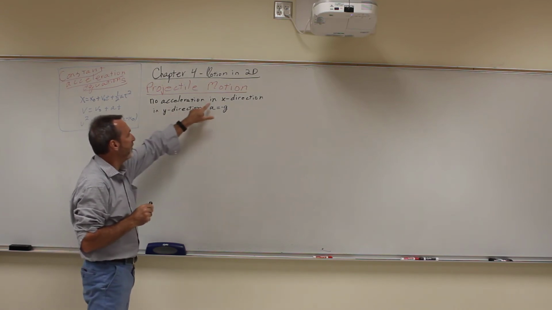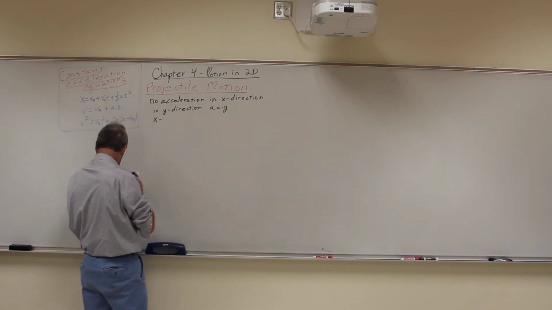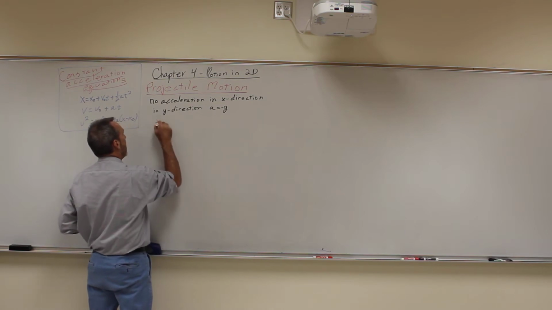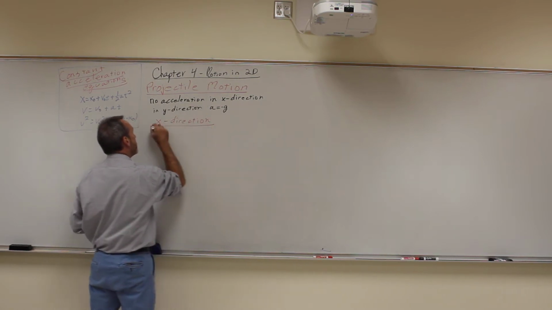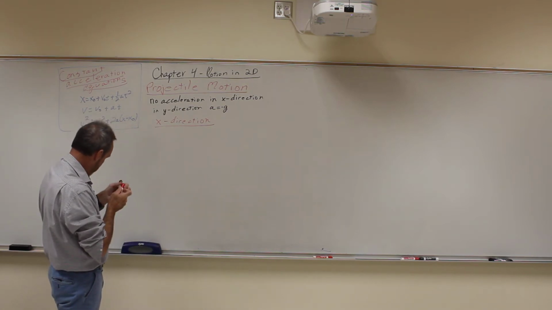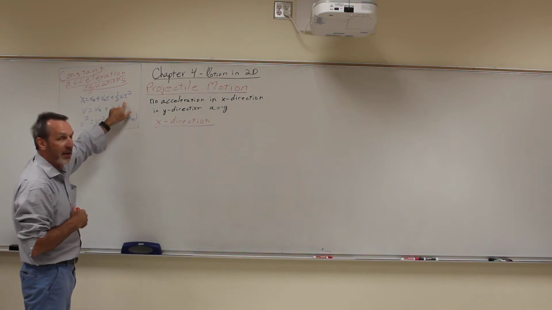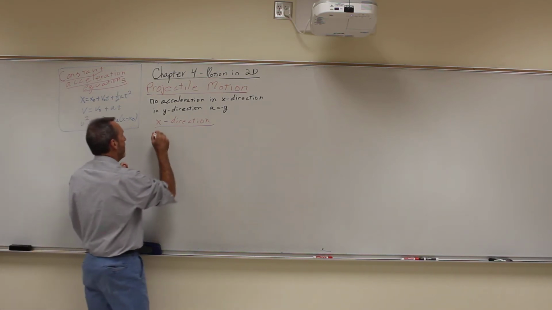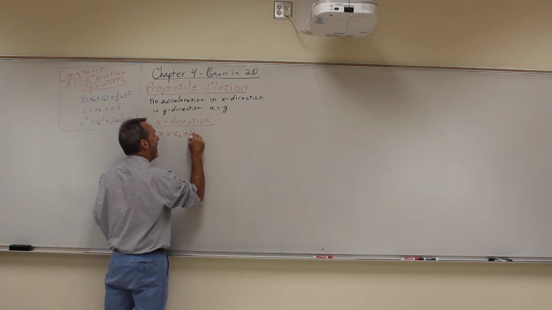Now, in the x direction, so we're going to do the x direction first. Let me do it in a different color here. Sorry. In the x direction, we say, okay, we have the first equation, but acceleration is 0, so that term goes away. So what this becomes is x is equal to x naught plus v naught x.